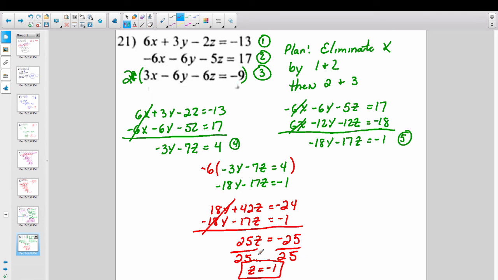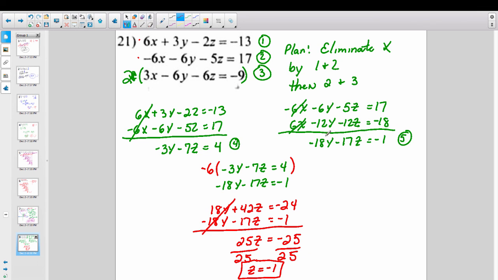So what did we do? You have to pick a letter and go all the way. So when I looked at 1 and 2, I saw that the 6x and the negative 6x would cancel. And then I saw that the third equation had a 3x, which can easily look like a 6x. So I figured, let's start with the x's. So we crushed the first two together. That immediately got rid of the x. We multiplied the third equation by 2, so that when we crushed together 2 and 3, those x's would disappear. And what that left us with was two equations.